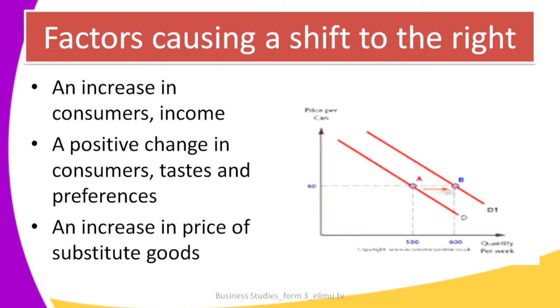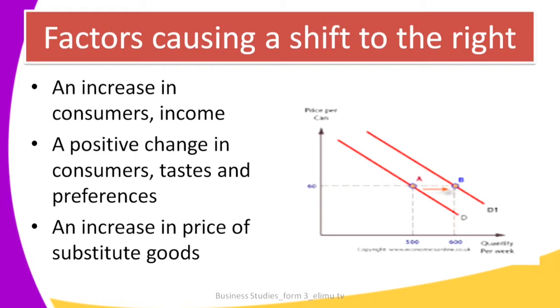In general, we said that an increase in consumer's income increases demand, whereas a decrease in consumer's income decreases the quantity of good demanded. But now we are very specific. We are talking about a shift to the right, which results from factors that increase demand.